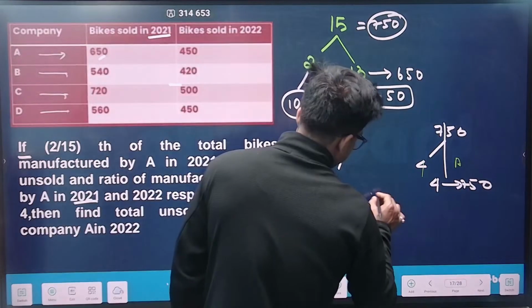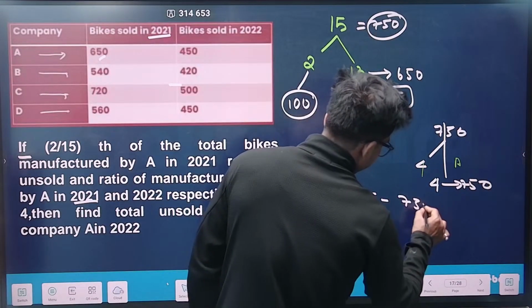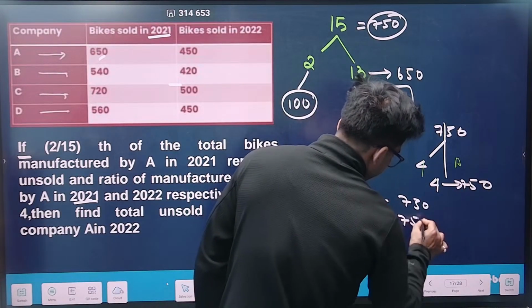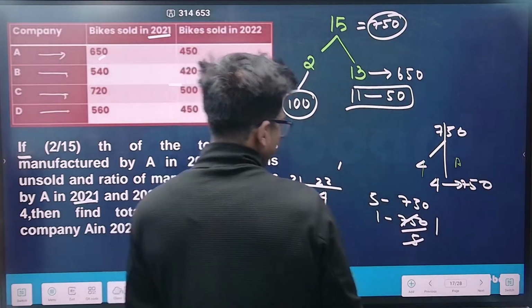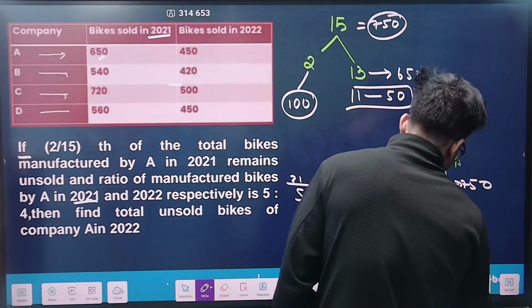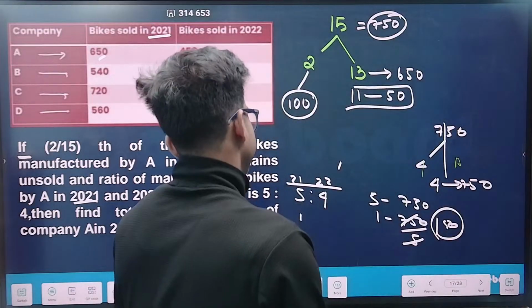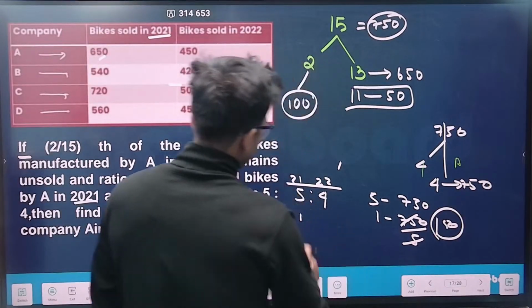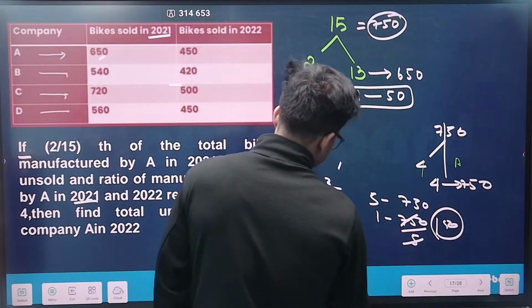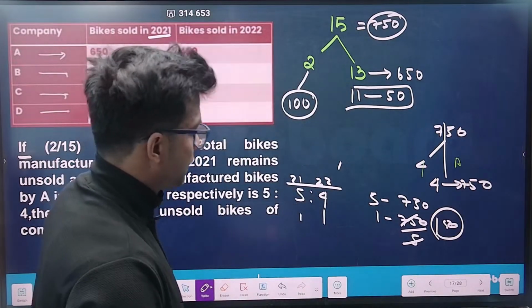So basically the value 5 is 750. One value would be 750 by 5, which is 150. So for 2022, this would be 4 times 150, that is 600.